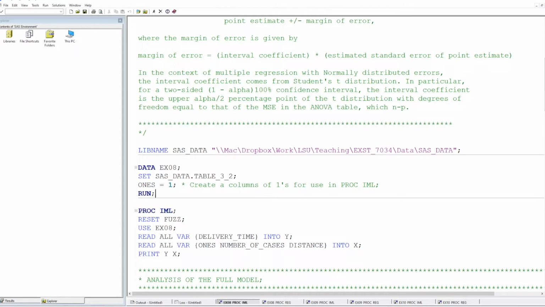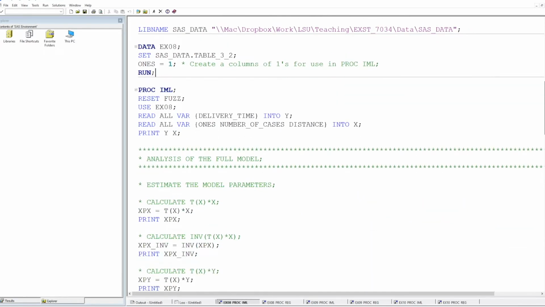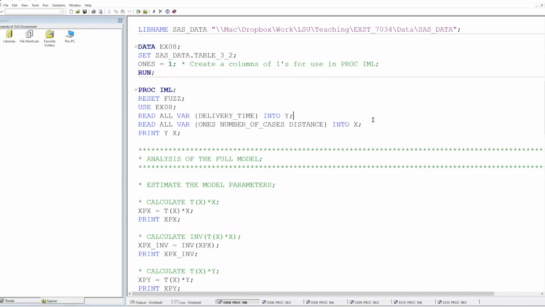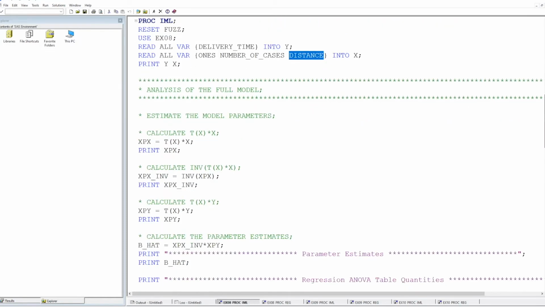Then we invoke PROC IML. We use the temporary SAS data set, which tells SAS to open it up. Then we read the variables into the appropriate vectors or matrices. We read the variable delivery time into the y vector, and then we read the variables ones, number of cases, and distance into the design matrix X.